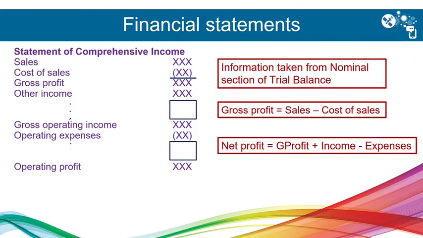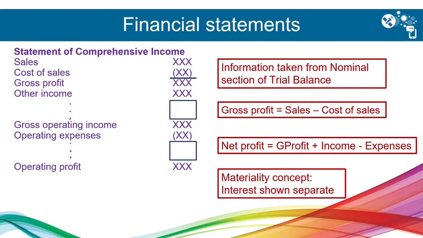Obviously, again, the expenses will be listed. The only difference is, according to the materiality concept, we must show interest separately. In the profit and loss account, we've shown interest income with the other income accounts on the credit side of the profit and loss, and we've shown the interest expense on the debit side together with all the other expenses.